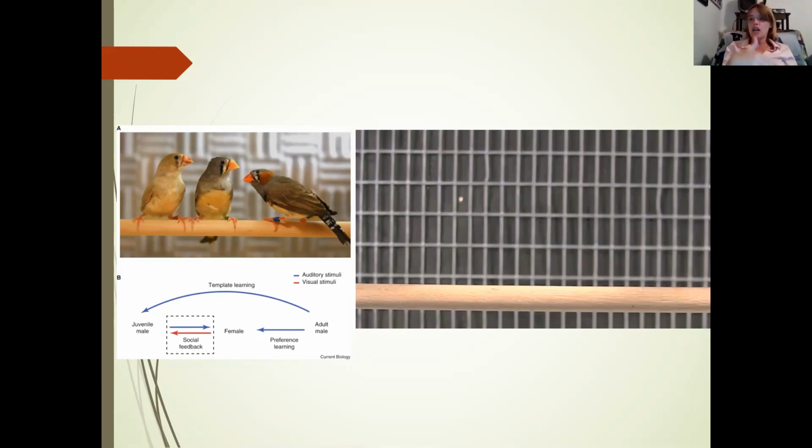So father kind of teaching son, here's how you attract a lady and perpetuate the gene pool, keep our biological line going. So this was the assumed model for decades. Everyone has heard of this experiment where these males were isolated during this critical learning period a few weeks after fledgling.